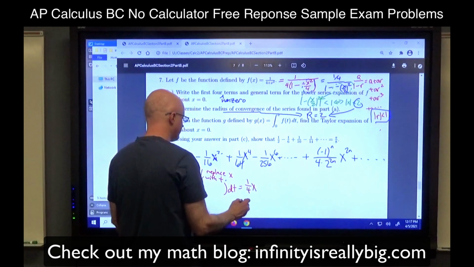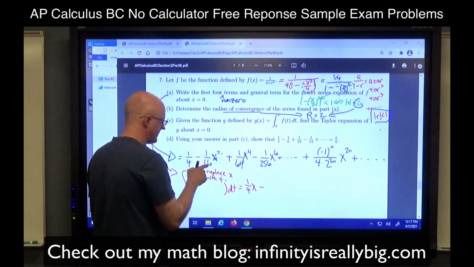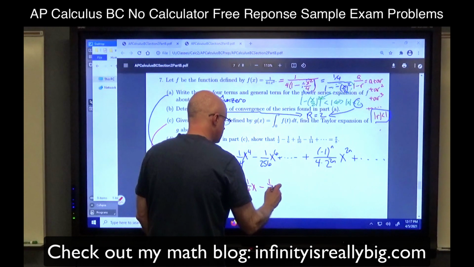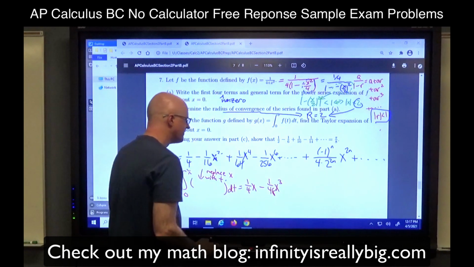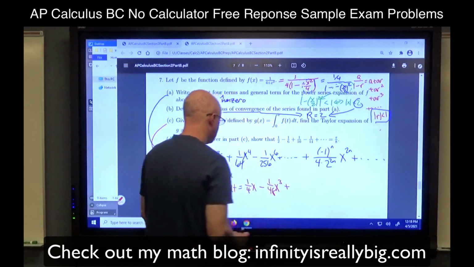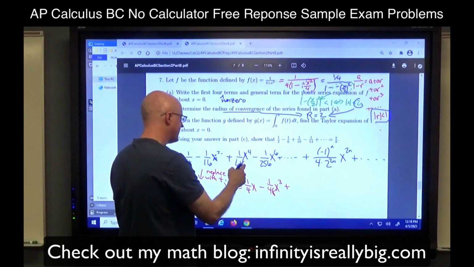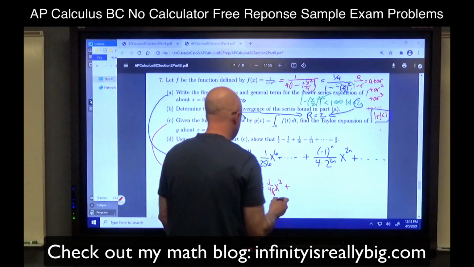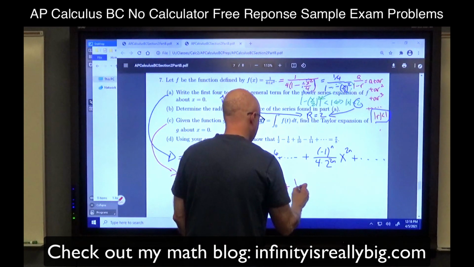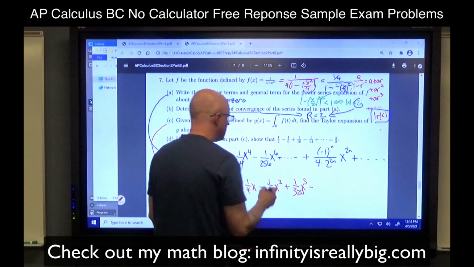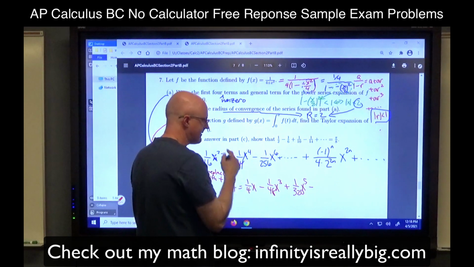1/4 x minus, look at this one, x cubed. 16 times 3 is 48. This one, x to the 5th, 5 times 64 is 320. Minus x to the 7th, 7 times 256.